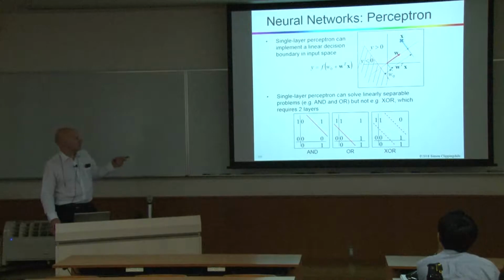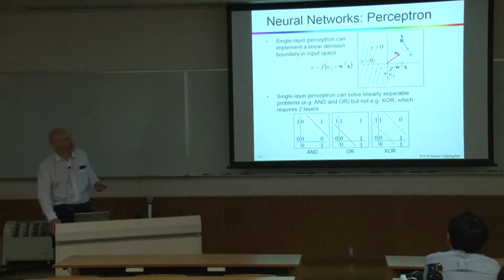And a single layer perceptron can solve linearly separable problems like AND or OR. Here's an AND gate, inputs 0 or 1, 0 or 1, and the output should be a 1 only when both the inputs are 1. So a decision boundary down here will do just fine. Here's an OR gate. Again, the output should be 0 only when both the inputs are 0. So this decision boundary is great.